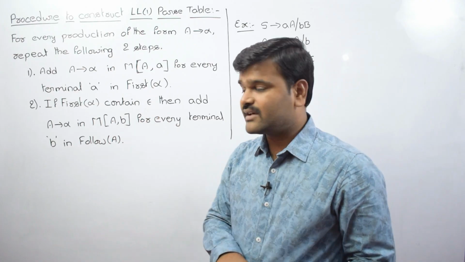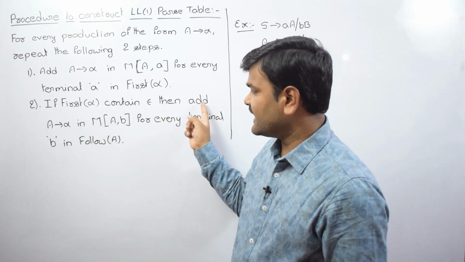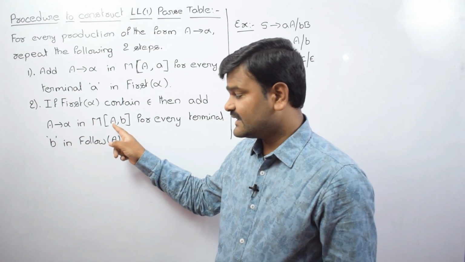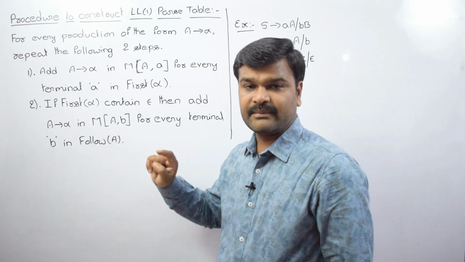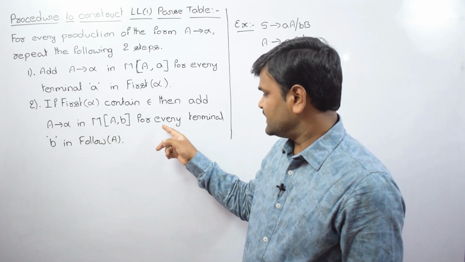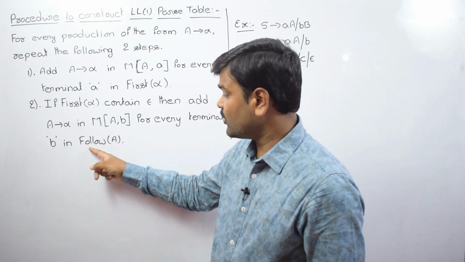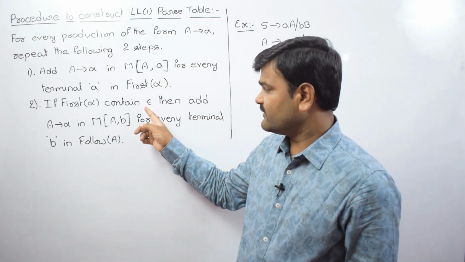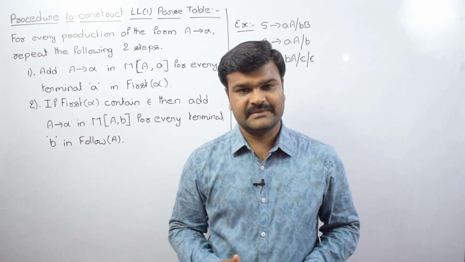Whenever first of alpha has epsilon, we add the production A to alpha under the A-th non-terminal row and under the b-th terminal column. How do we find that? We find the follow of A, because epsilon is not actually a terminal.